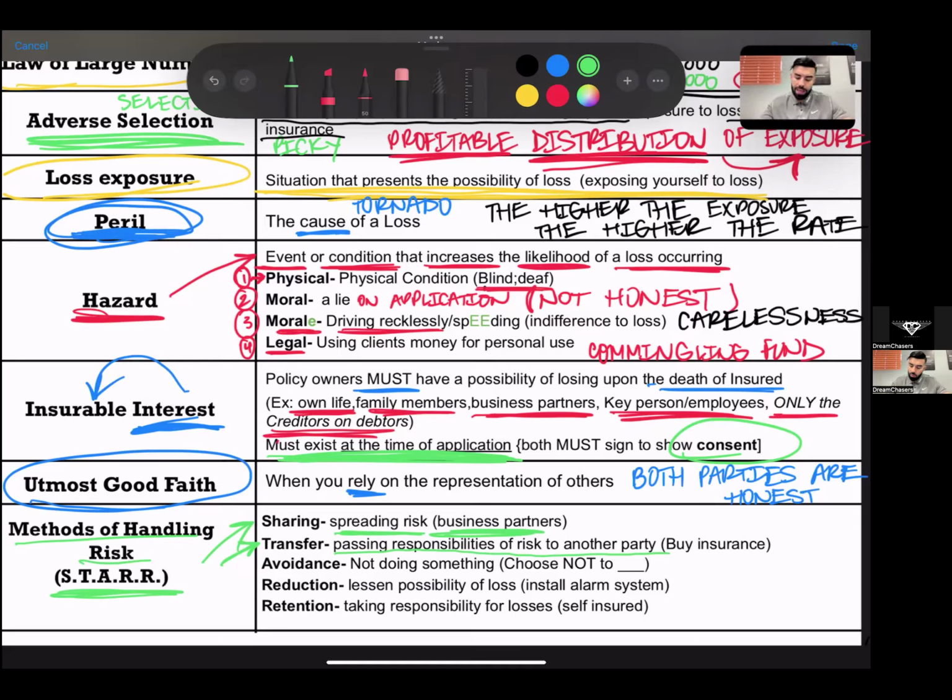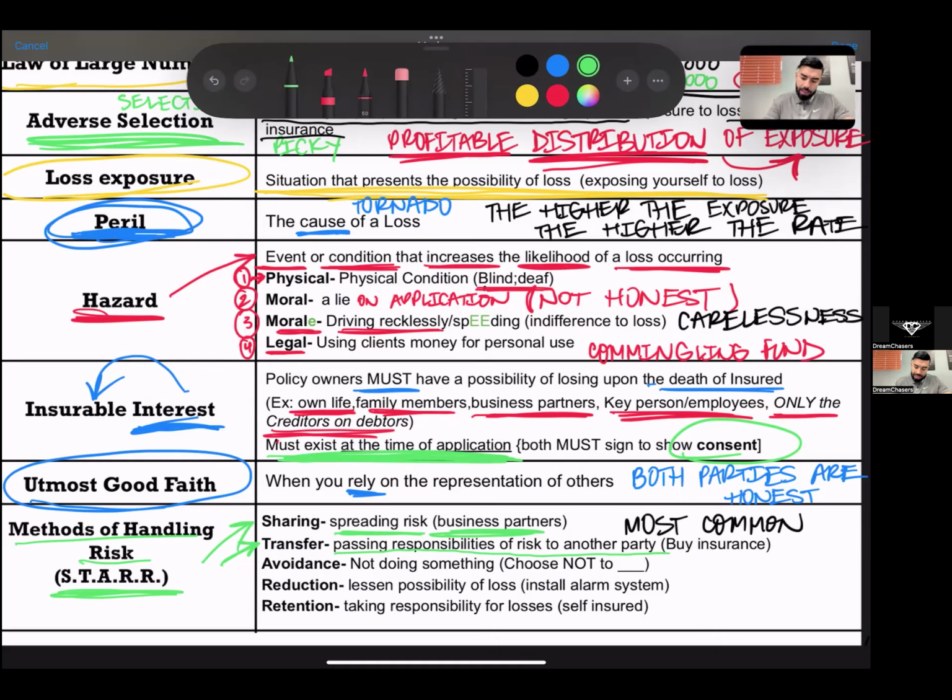And one thing to note is that transfer is the most common way to handle risk. So transferring the risk, buying life insurance, is the most common way to handle risk.